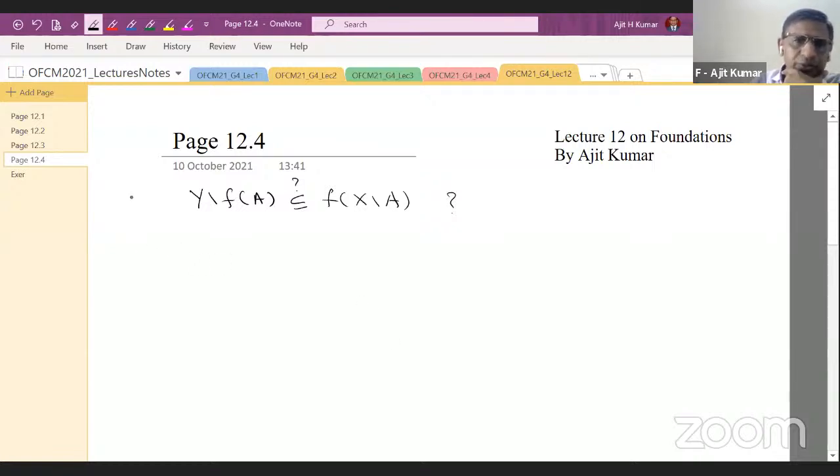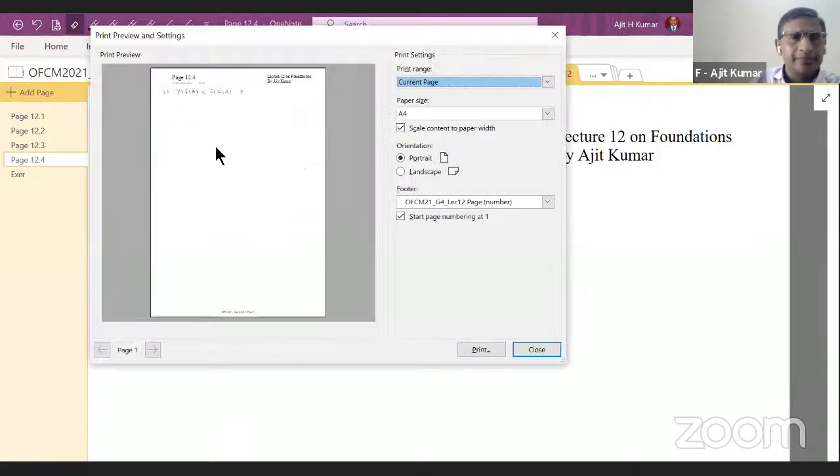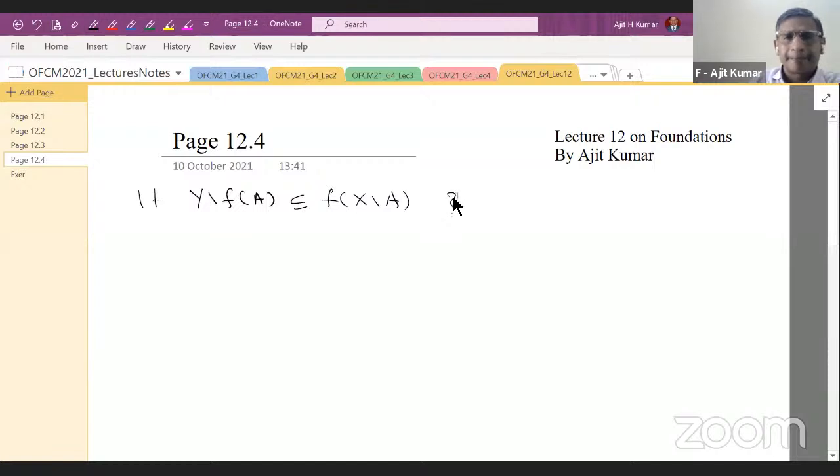Now, first thing is, suppose this is true. If this is true for all subsets A of X, does it imply that f is onto?